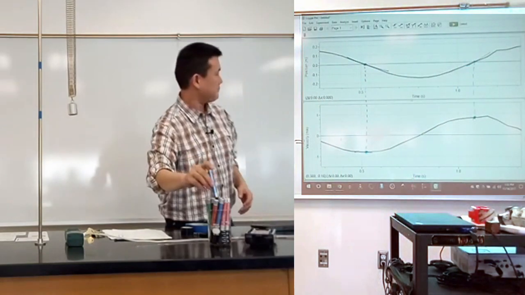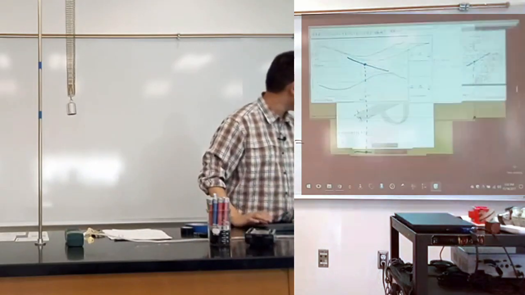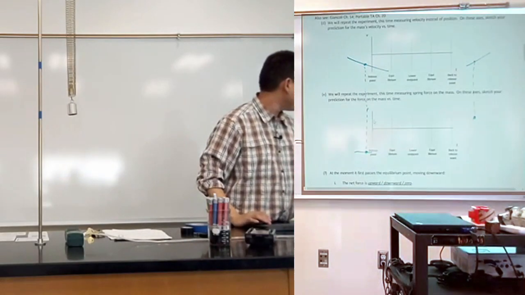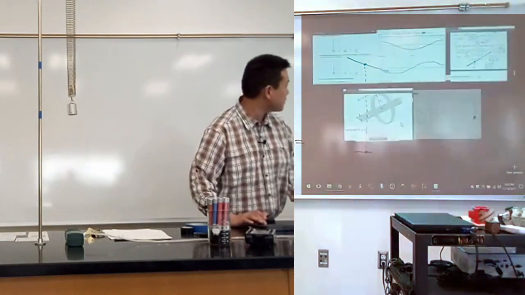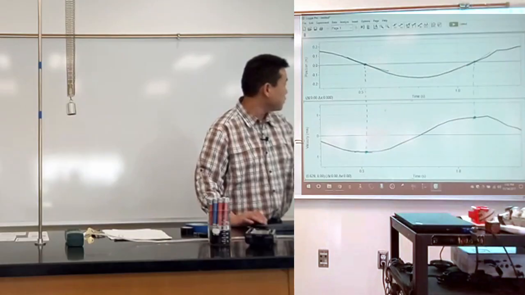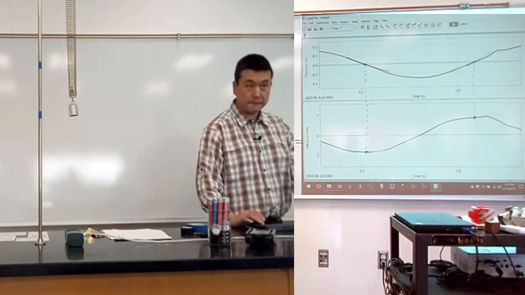Yes. Okay, let's do one last thing. It asks about acceleration. I don't know why I never changed this. I'm running out of time, so let me skip this part E. You can do it on your own, and let me just show you this graph. So you saw position and velocity.